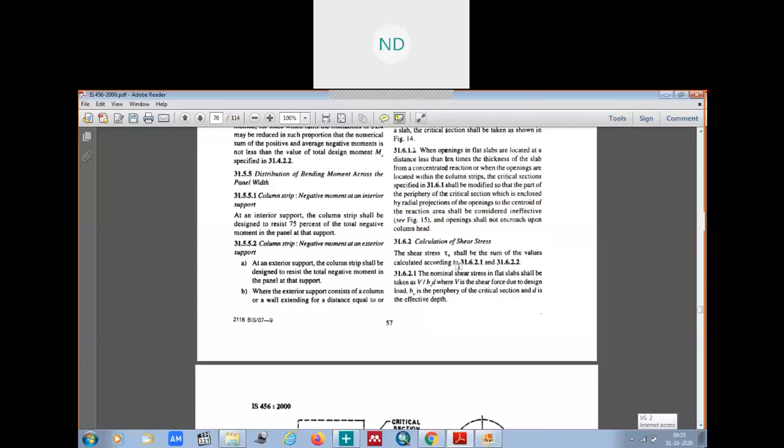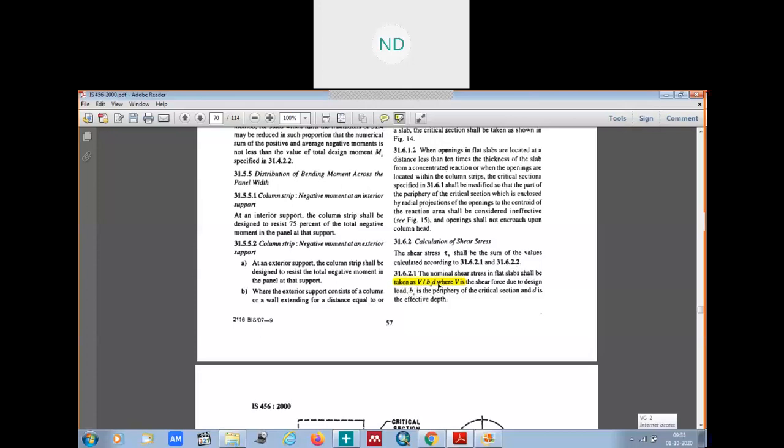Here you see calculation of shear stress. The nominal shear stress in flat slab shall be taken as V by b0 into d.